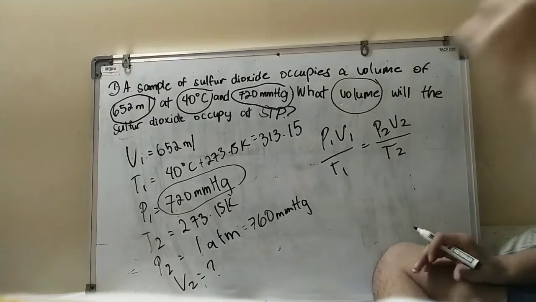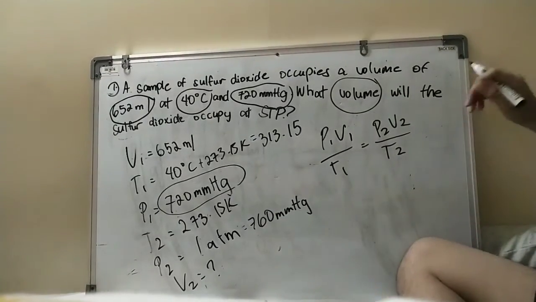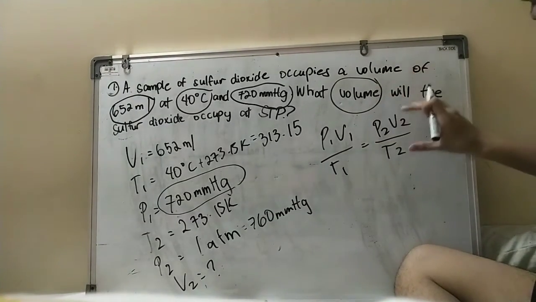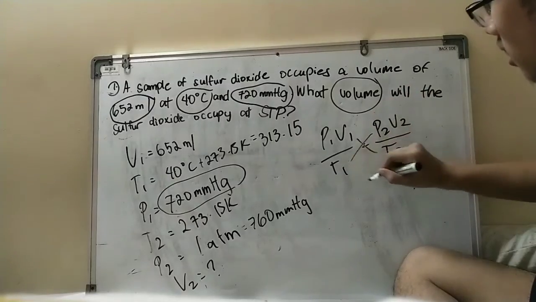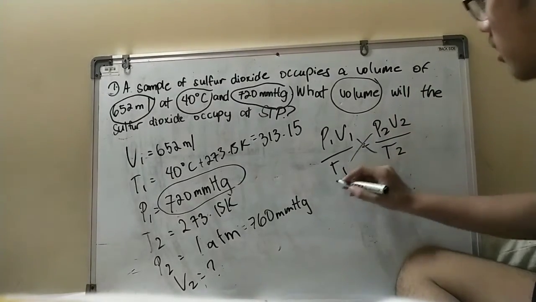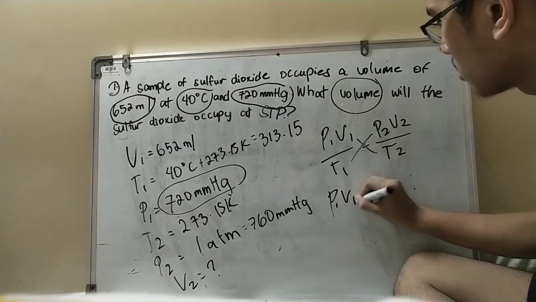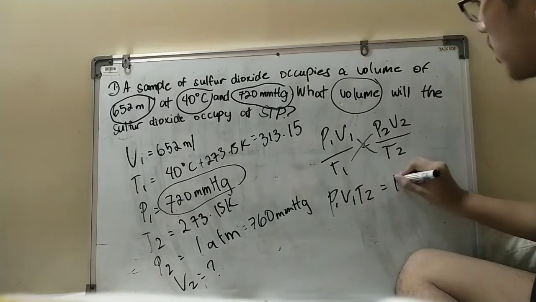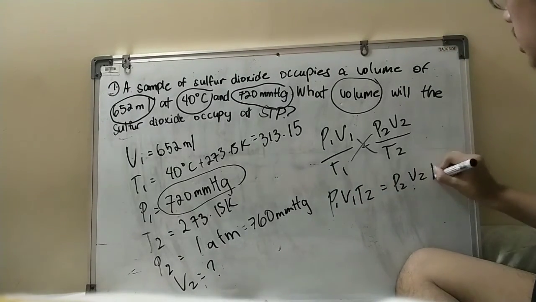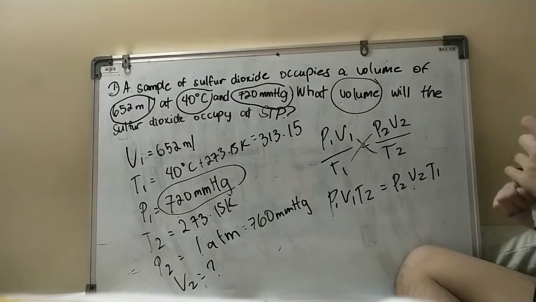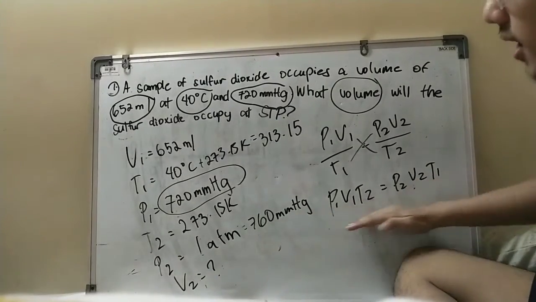Now, let us derive this formula. First, we need to do the cross-multiplication method, where we multiply P1V1 with T2 and P2V2 with T1. Then, what are we finding? Volume 2.